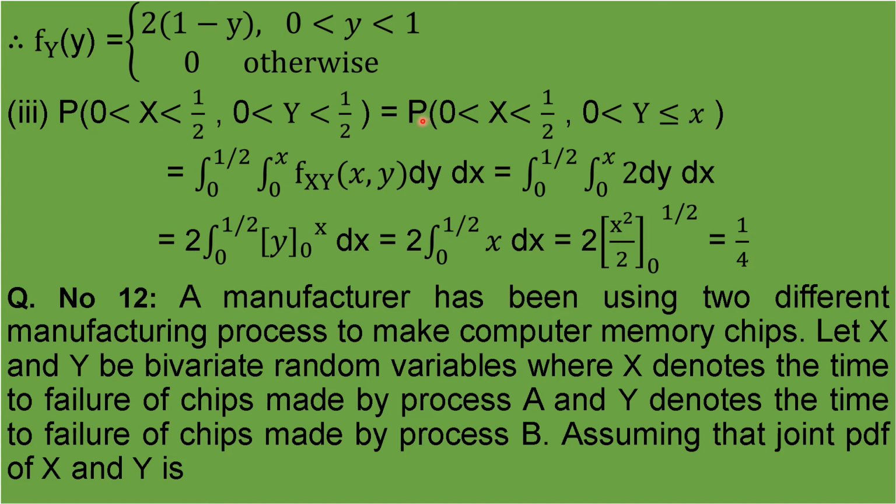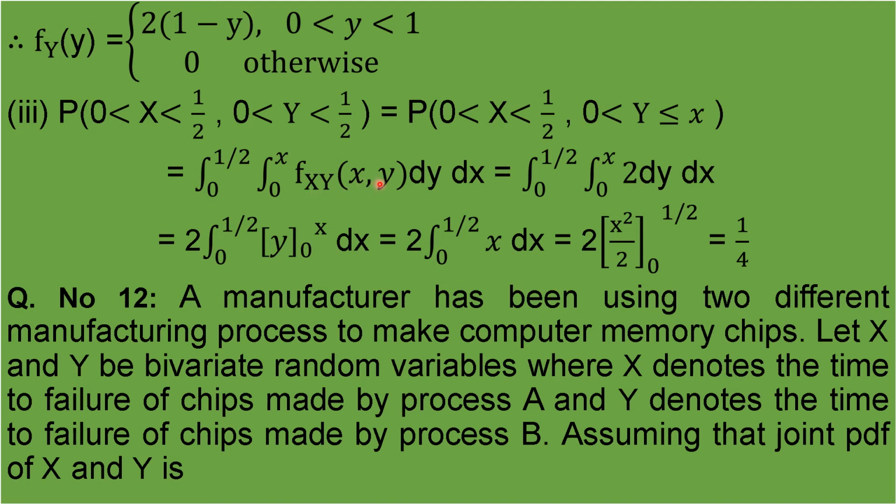Now the probability for a bivariate random variable, when both variables are continuous, is calculated through a double integral: outer integral with respect to x, inner integral with respect to y. For the outer integral, the limits of integration are 0 to half. For the inner integral, the limits are 0 to x.